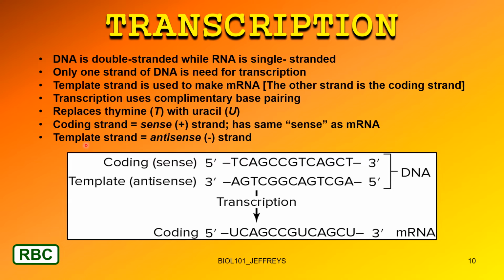And the template strand, we call that the antisense or the negative or the minus strand. It's anti to the sense strand. So what you're going to do is take a double strand of DNA, unwind it and pull it apart. One of those strands is going to be the coding strand or the sense strand, and the other strand is going to be the template or the antisense strand.